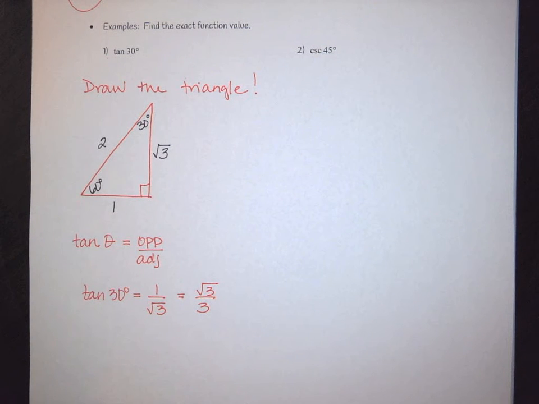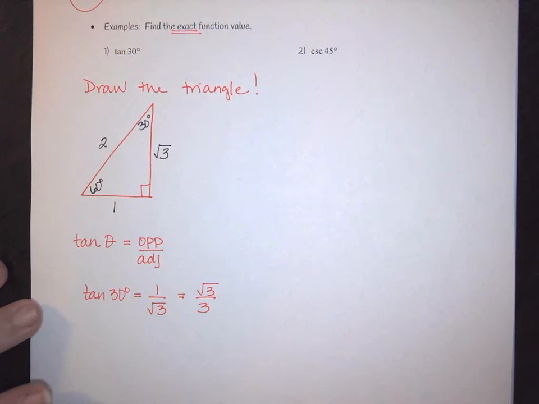And in most cases, most professors or instructors would take points off or count it wrong if you give a decimal answer instead of the exact answer. So make sure you read your directions carefully and look to see, are you looking for an approximate or are you looking for the exact?